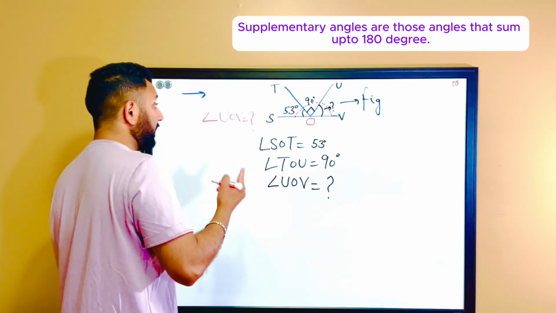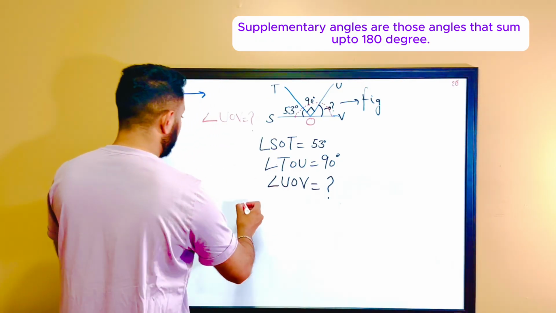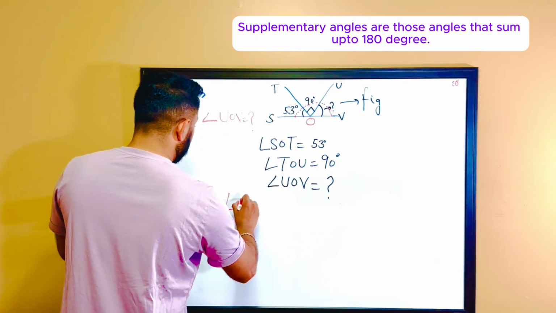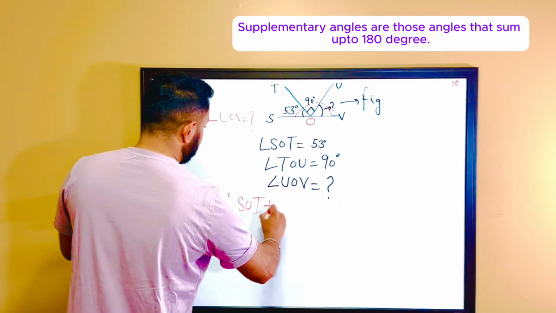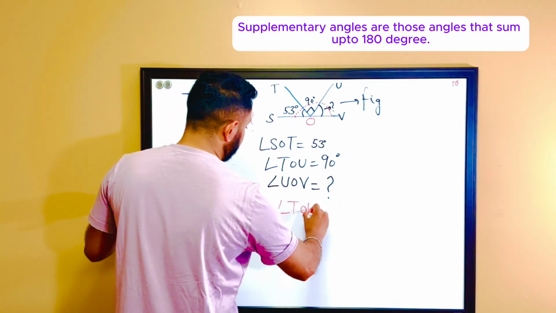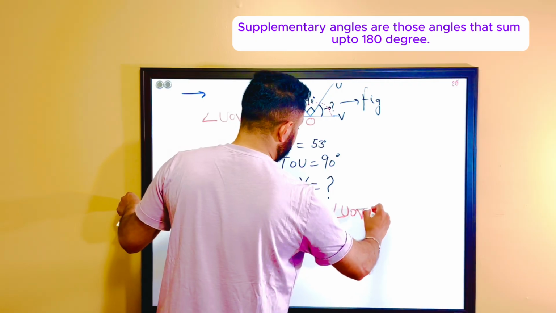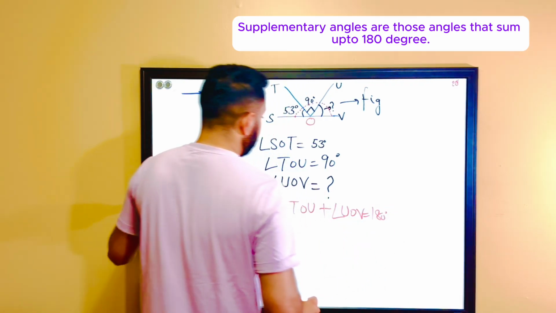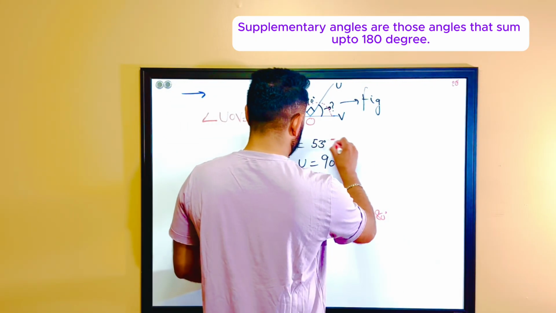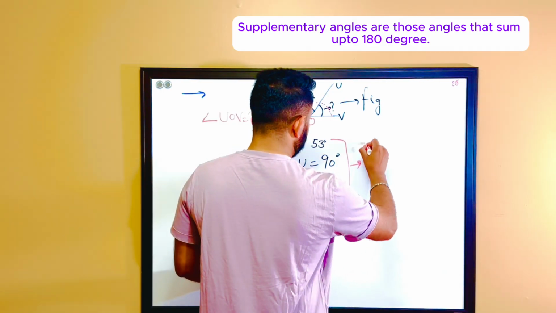And also these are supplementary angles. So SOT plus TOU plus UOV is 180 degrees, because these are supplementary angles.